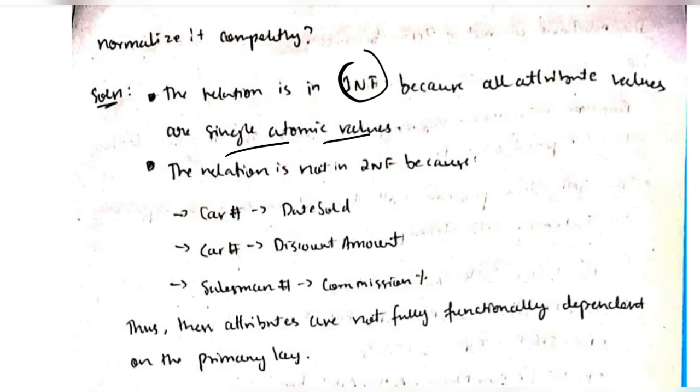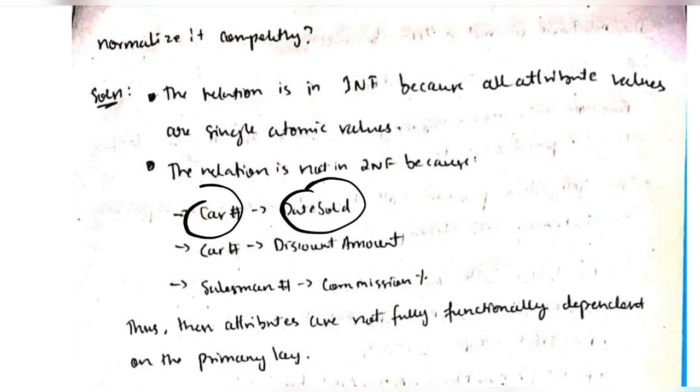What does partial dependency mean? The non-prime attributes depend on only one of the prime attributes. Date sold should depend on both car and salesman, but it depends only on car. The same goes for this one, only car, and here it's only salesman. So we have to make these changes.